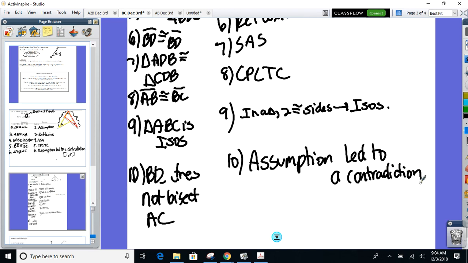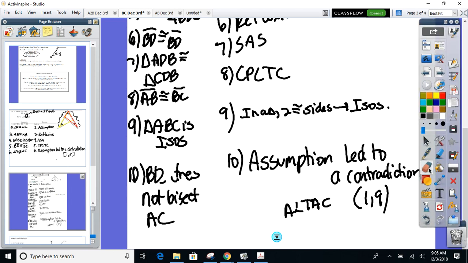What lines was the contradiction in? 1 and 9. Yep. Could be 2 and 9 too if you put all your assumption first and the given second. To all my lazies out there, ALTAC, assumption led to a contradiction, no go. There's no abbreviation here, sorry. All right, ALTAC isn't going to cut it for me. All right, assumption led to a contradiction.